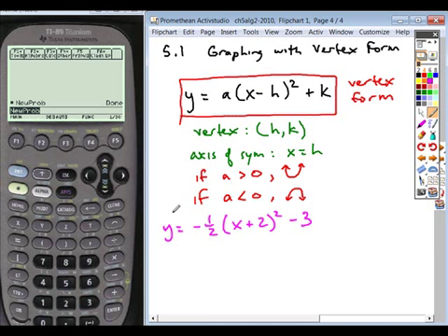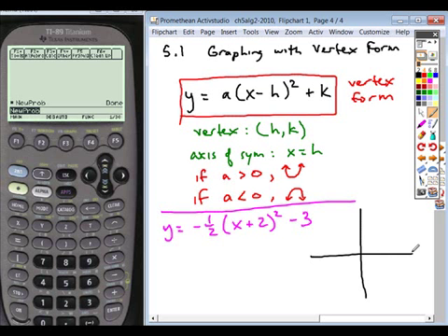So let's say you're given this function right here, and you're asked to sketch the graph. If you happen to be given something in vertex form, here's the one case where it's probably quicker for you to do it by hand than to try to type it in your calculator, believe it or not.